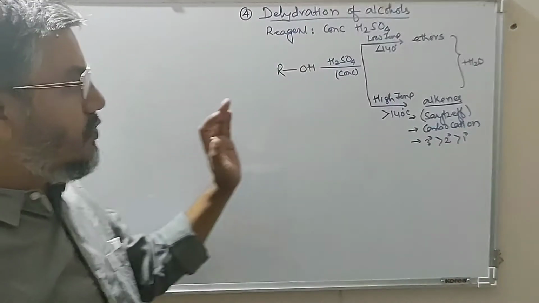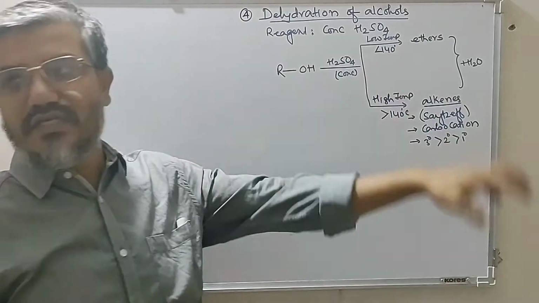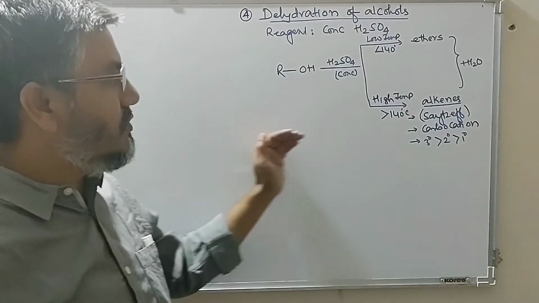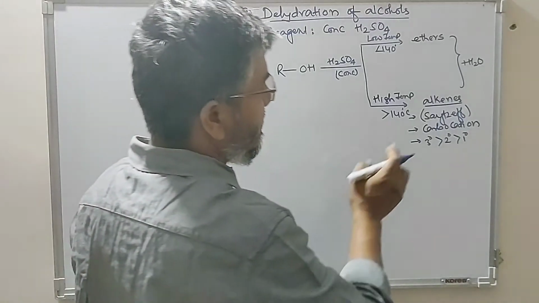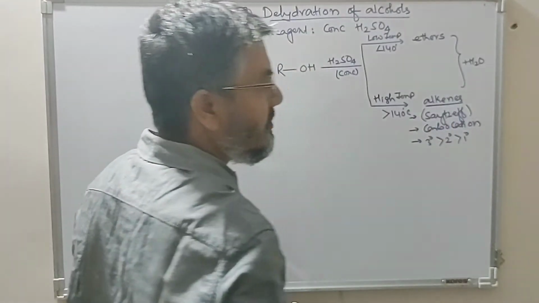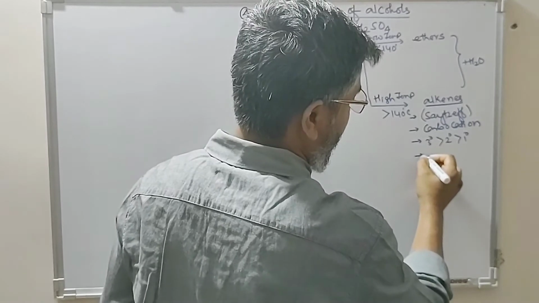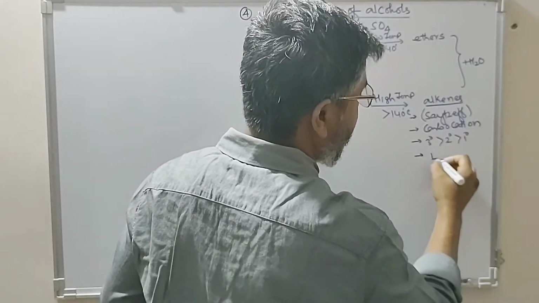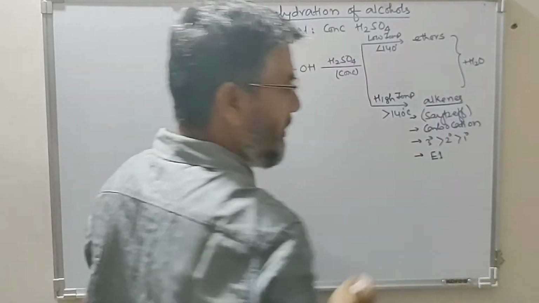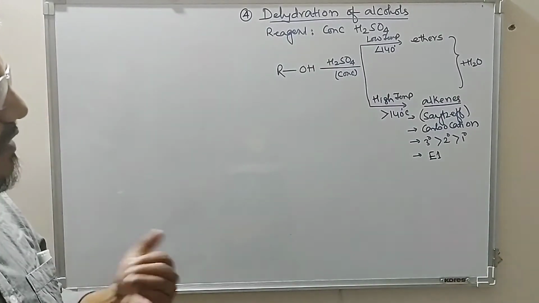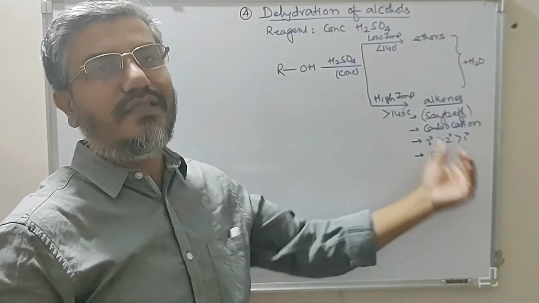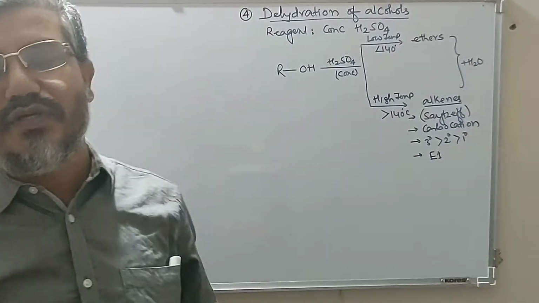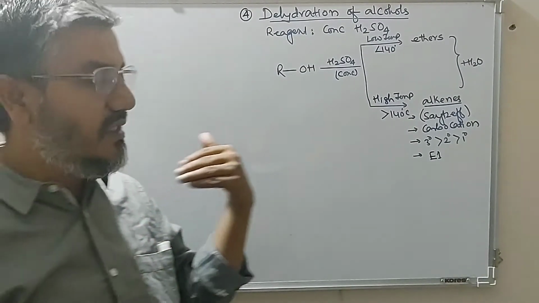So the tertiary alcohol undergoes dehydration most easily to give you the corresponding alkene. Since the reaction proceeds by formation of carbocation, the mechanism is the E1 pathway, elimination unimolecular. Whenever there is a formation of cation, a rearranged product may be obtained due to the rearrangement of the carbocation.